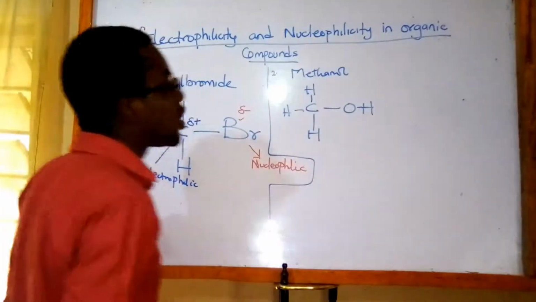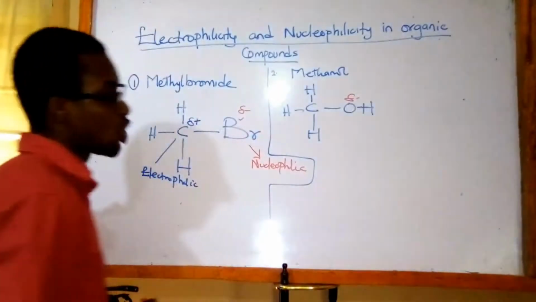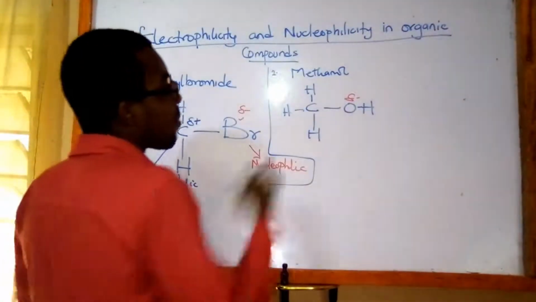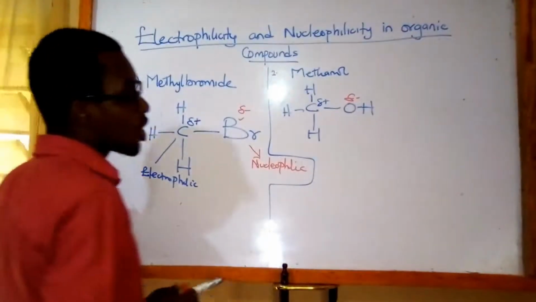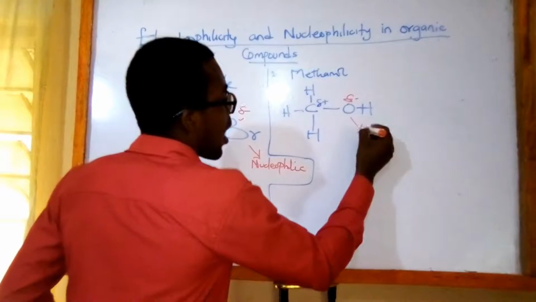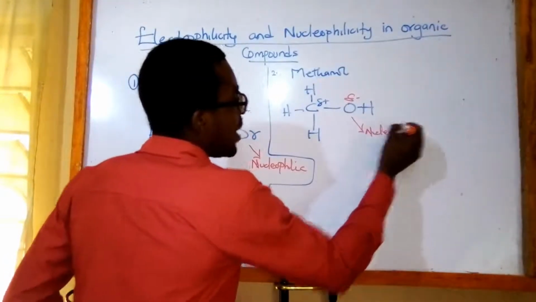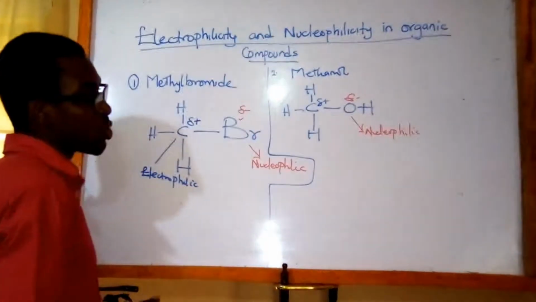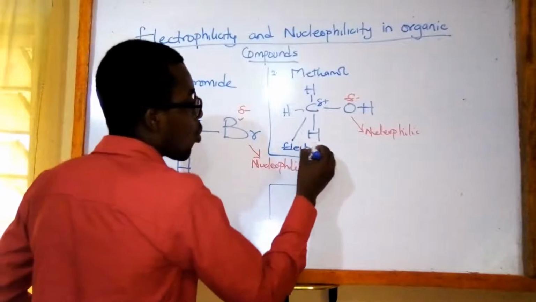Oxygen is more electronegative than carbon, hence it has a partial negative charge, while carbon will have a partial positive charge, and this eventually makes the oxygen part exhibit nucleophilic properties, meaning that it has so many electrons, it is electron rich, while this is actually what? Electrophilic.